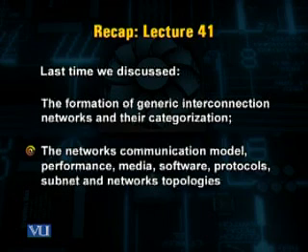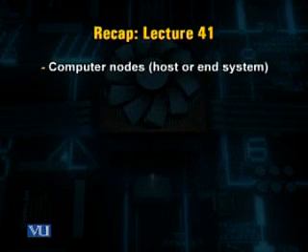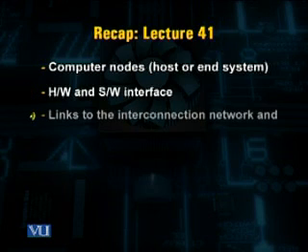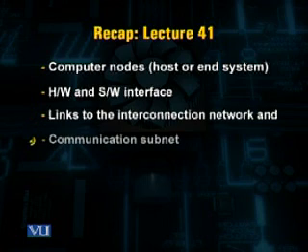We noticed that a generic interconnection network comprises, number one, computer nodes, which are also referred to as the host or end systems. Then it comprises the hardware-software interface and links to the interconnection networks and communication subnets.